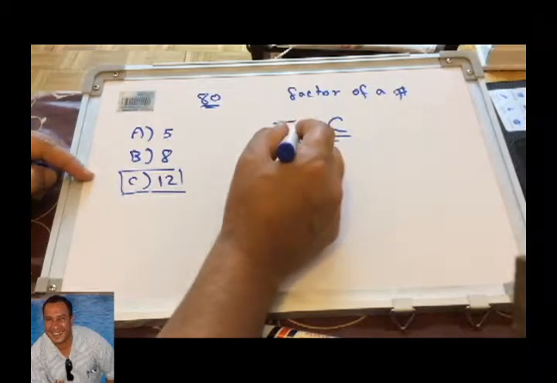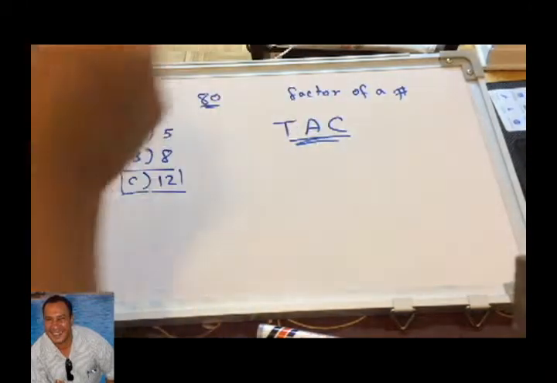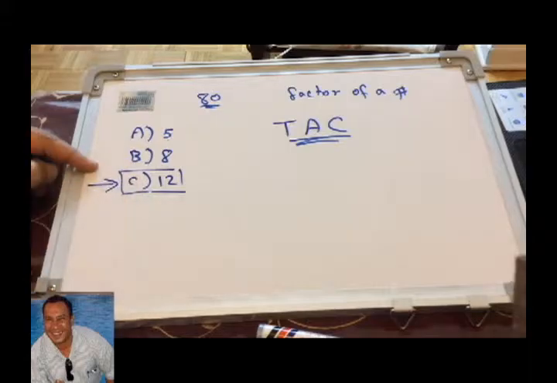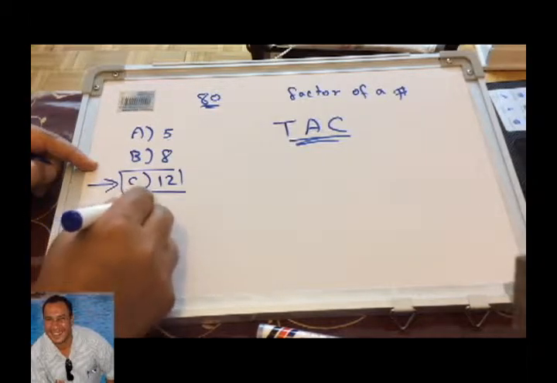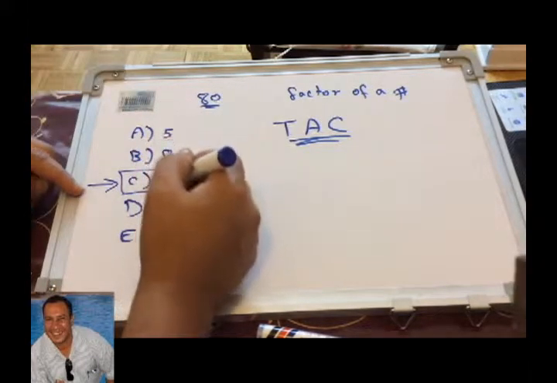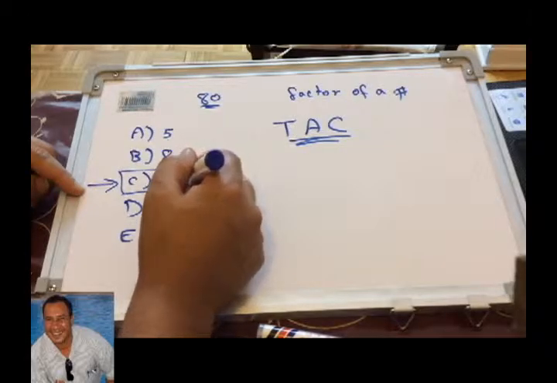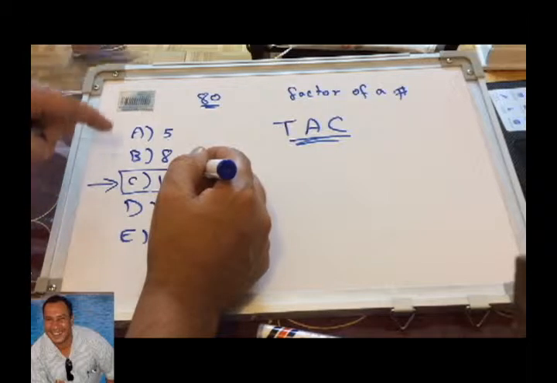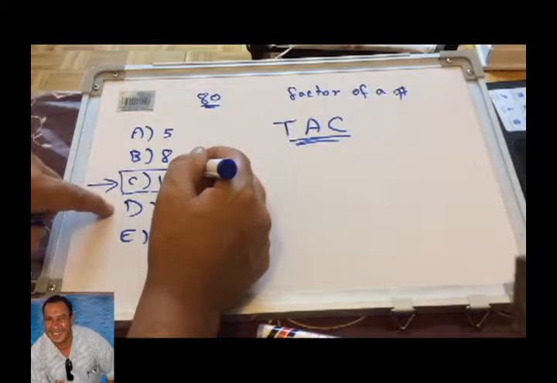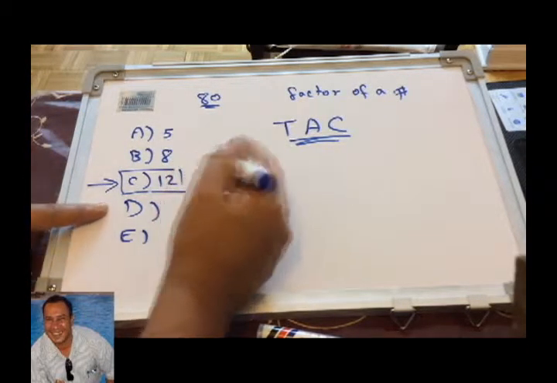So when you want to use this strategy, look at answer C. Always look at answer C. A, B, C, D, E. We look at the middle answer first. If it doesn't work, we can move up or we can move down.